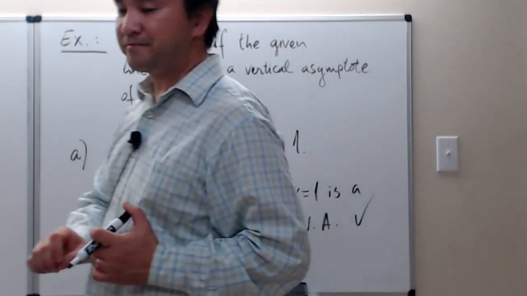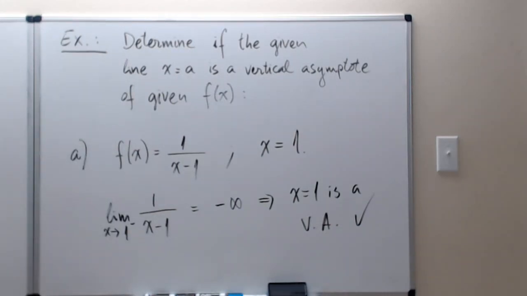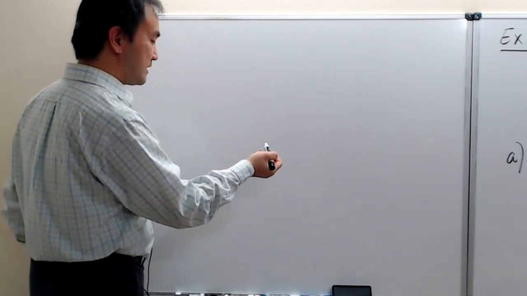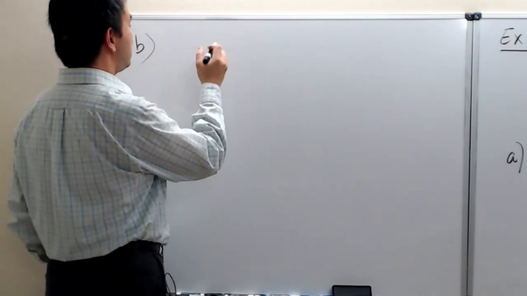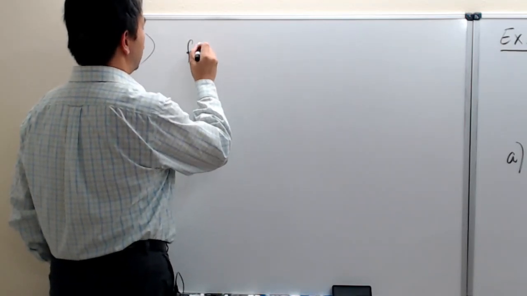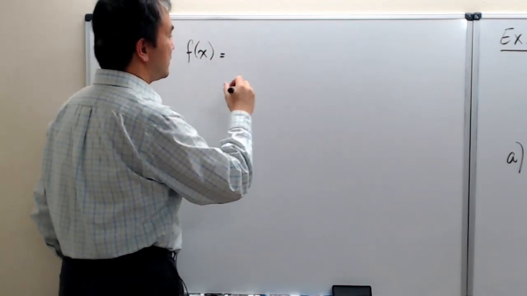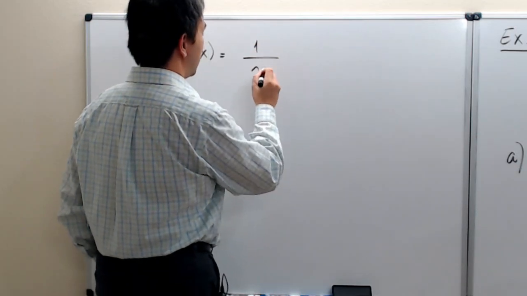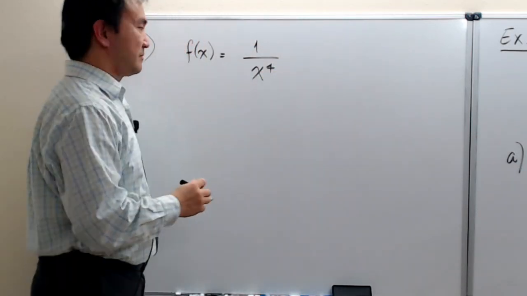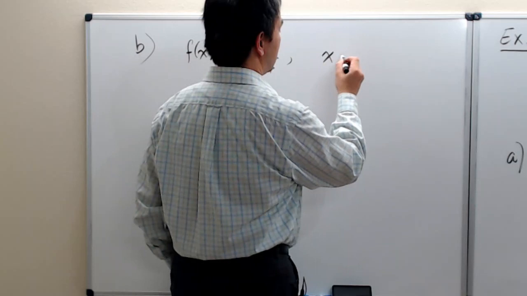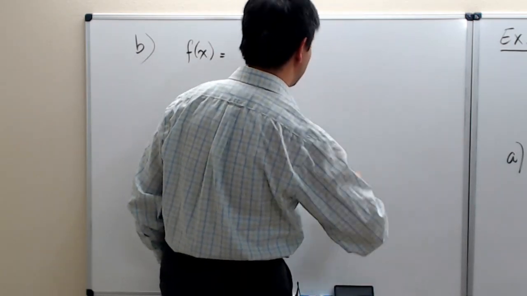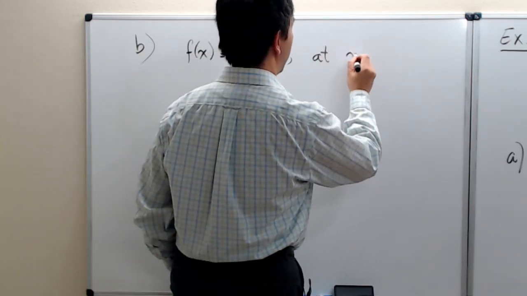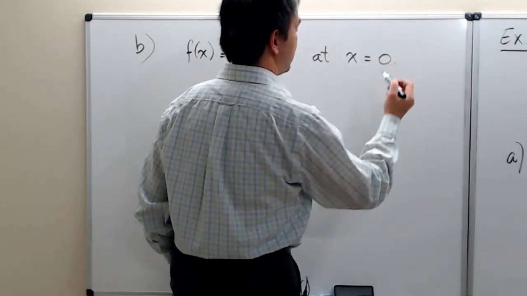So in another example, in another problem of the same example, let's say our function f of x is given as 1 over x to the 4th power, at the given value x equals 0.